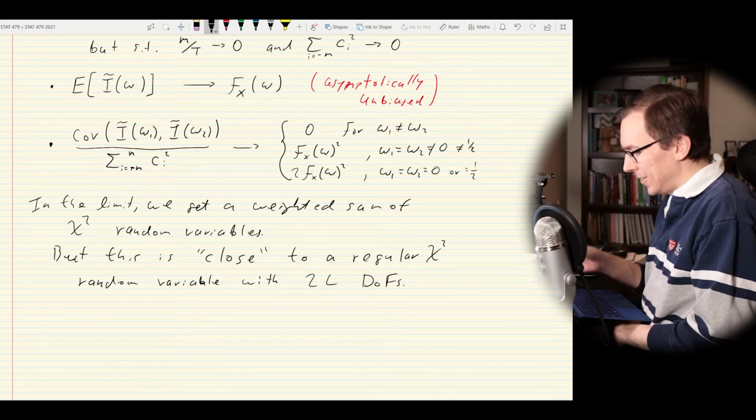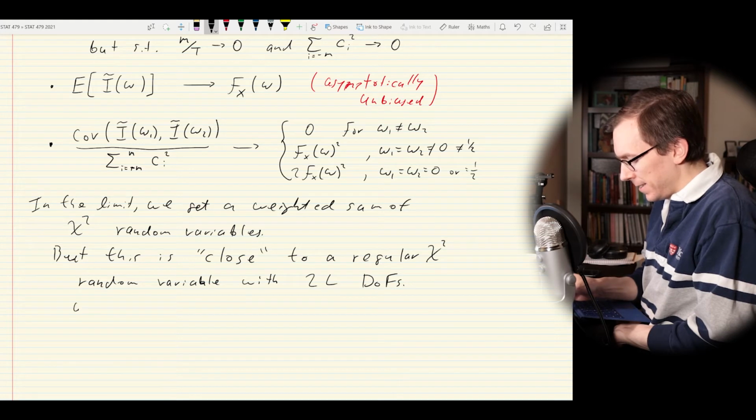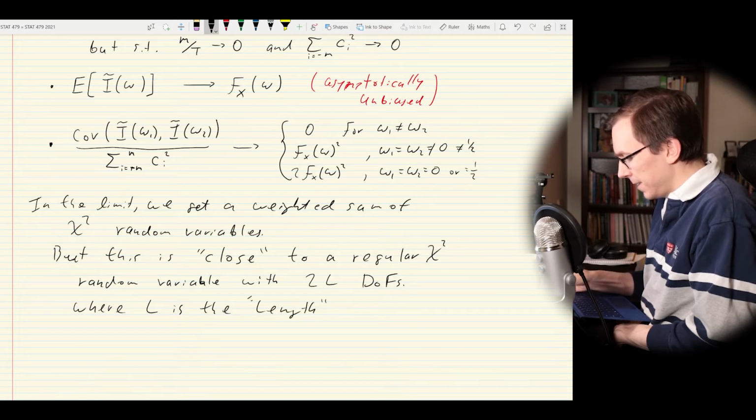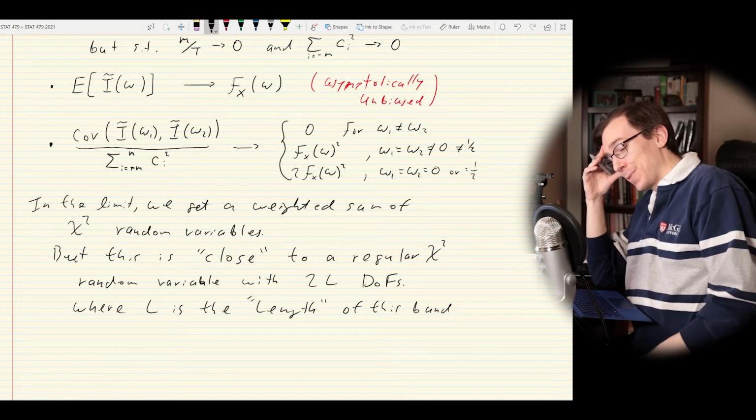Where L is the length of this band. Okay, so how do we define the length?